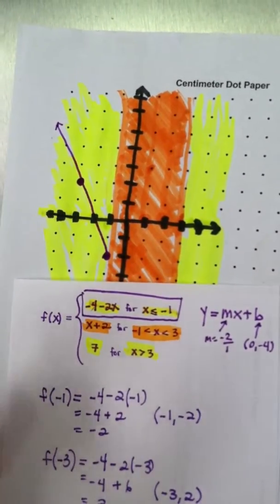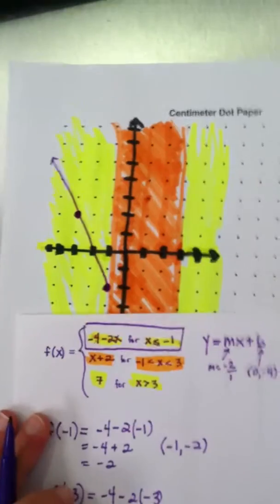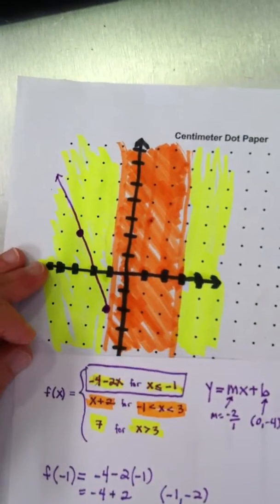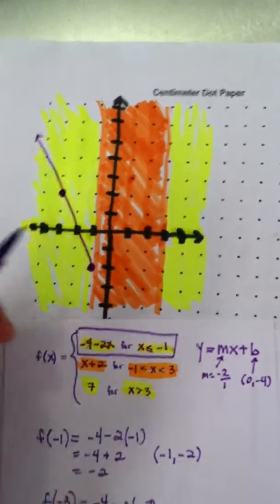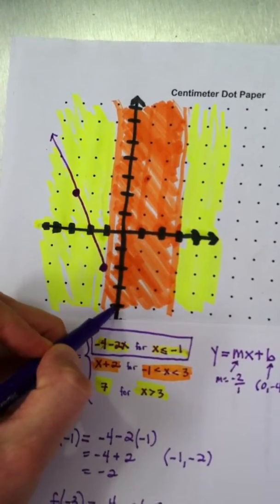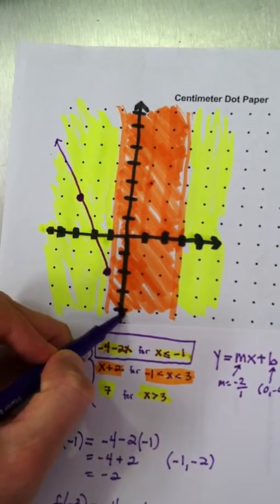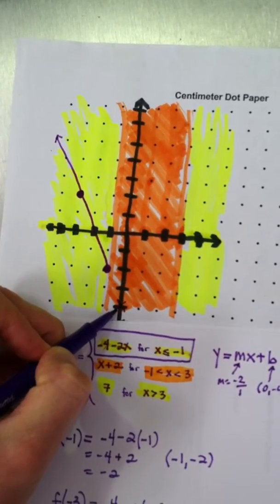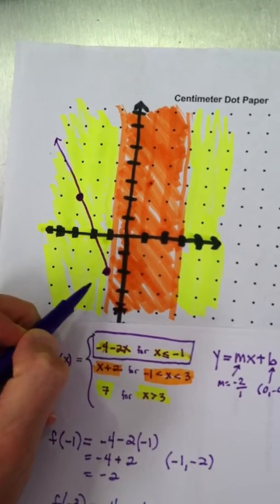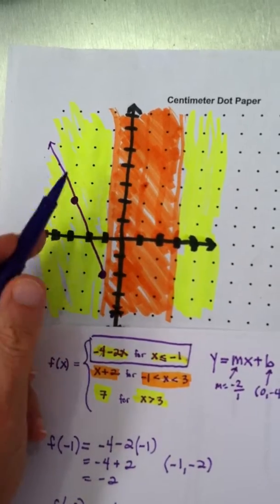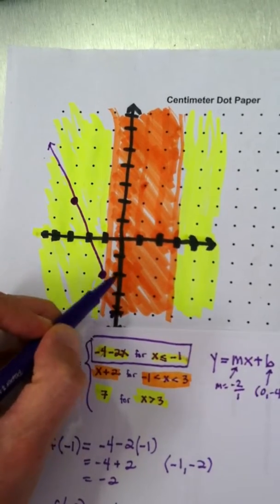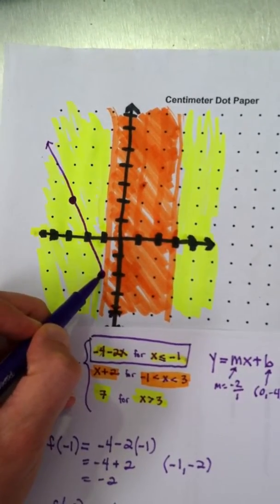The problem with this is that I only want to graph the part of the line that ends up in the yellow section. And when I go to graph this, (0, -4) is here in this orange section. So I wouldn't want to graph that y-intercept because it's not part of the domain, which is here in this yellow section. But if I go up to over 1, then boom, I hit the yellow section.